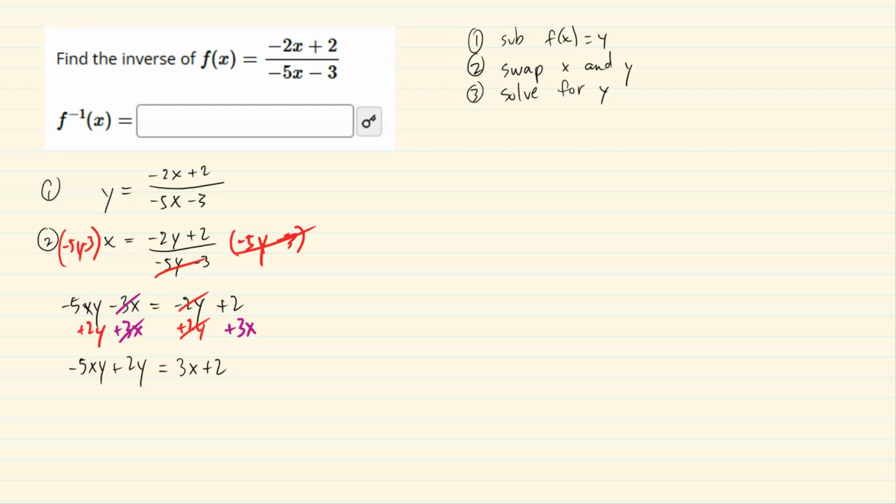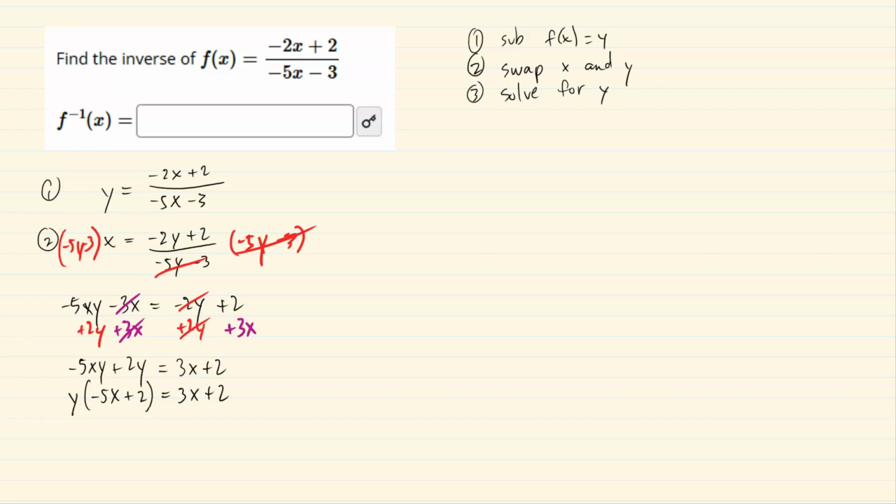You only want to factor out the y, and you'll end up getting y, and now we have left negative 5x and then plus 2. See that? I'm using the distributive property to get that y outside because they both have y in common. And then we still have equals 3x plus 2.